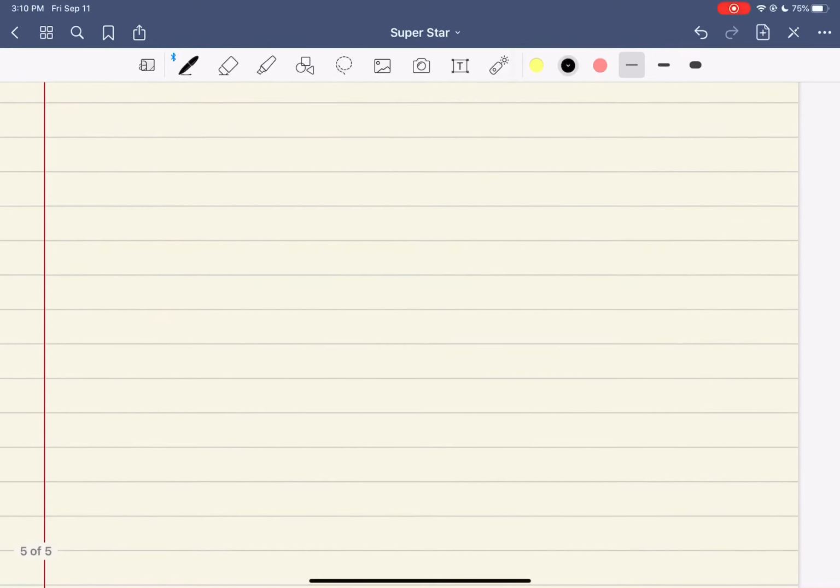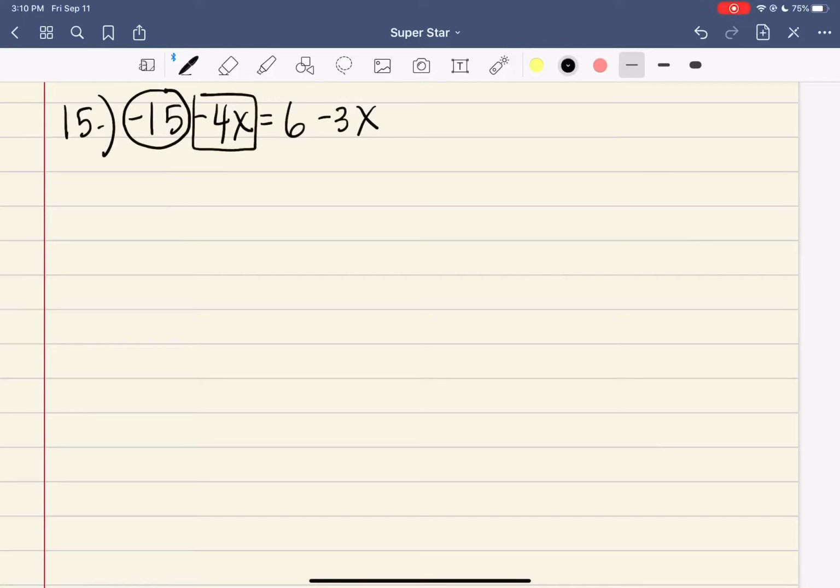15. Alrighty here. So no like terms, so we got to find our least coefficient. -4 is our smallest, so we're going to add 4x to both sides.